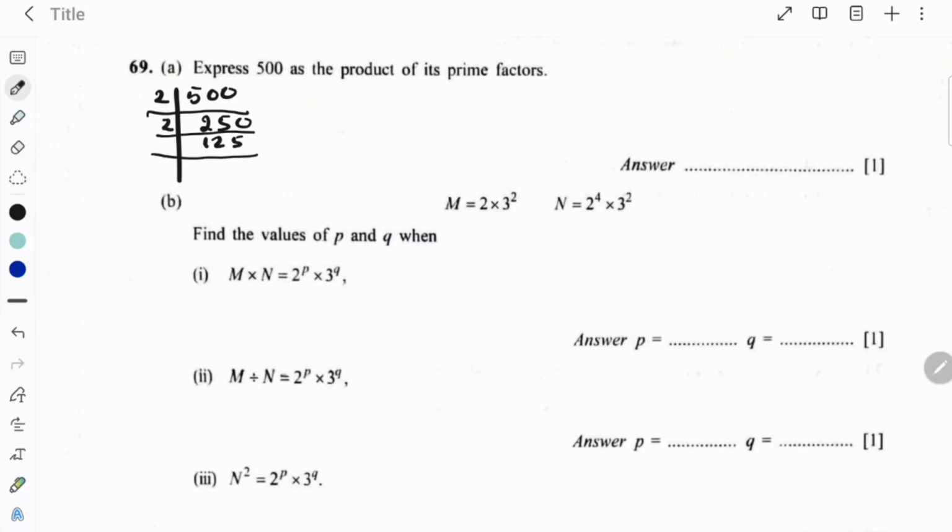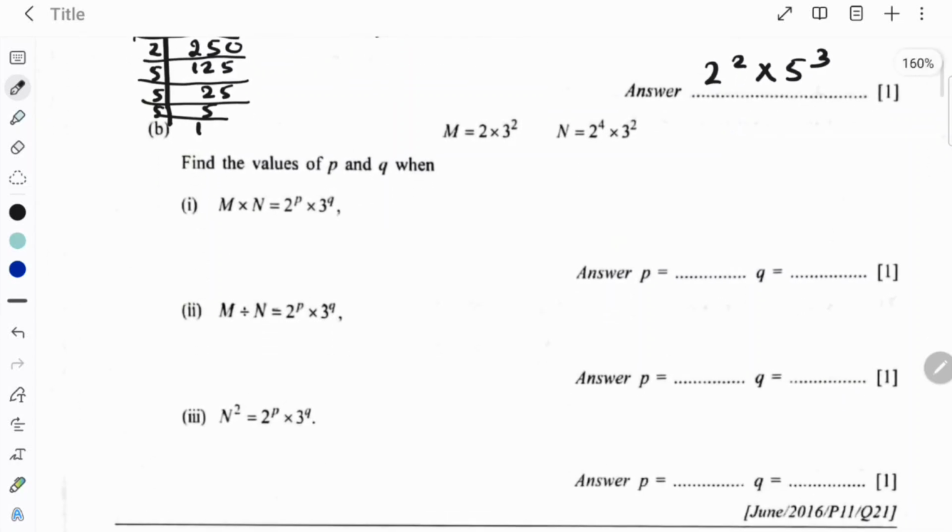Now I'll take the 5 times table this time. So that is divide by 5, and we know that it is 25, and then 5 times 5 is 25, and 5 times 1 is 5. So 500 is equals to 2 square into 5 cube. Okay, so that is the answer, 2 square into 5 cube.